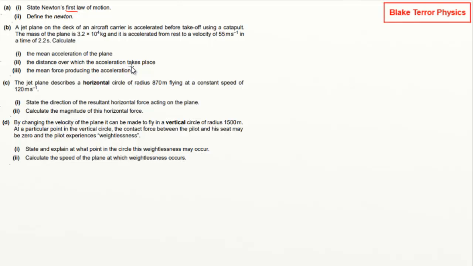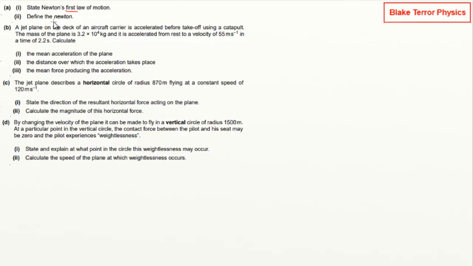It's also saying that in Newtonian classical mechanics, it's only forces that change the motion of an object. Nothing else will do it. That's often overlooked in the definition. But we're just saying constant velocity or at rest unless acted on by an external net force.